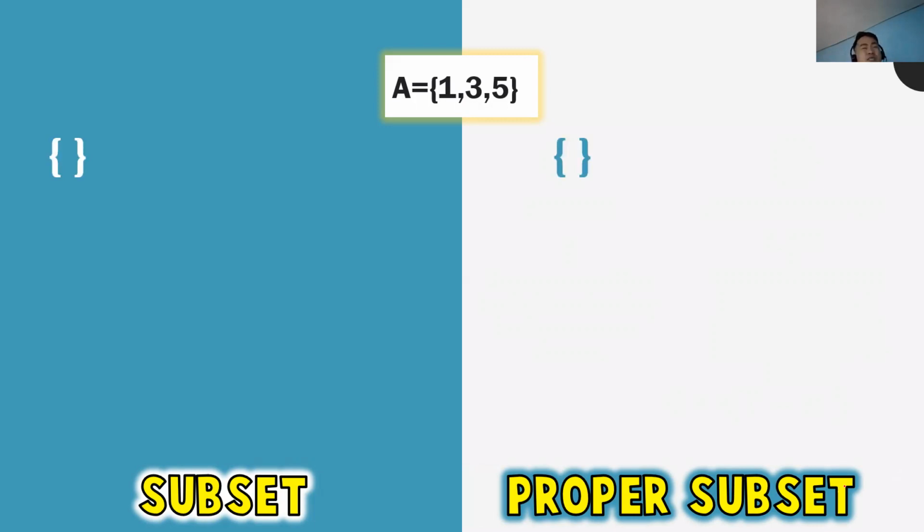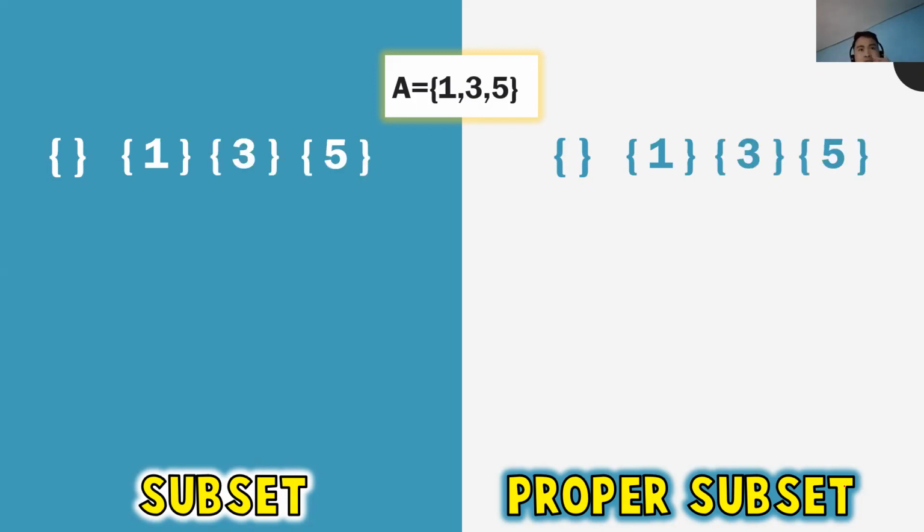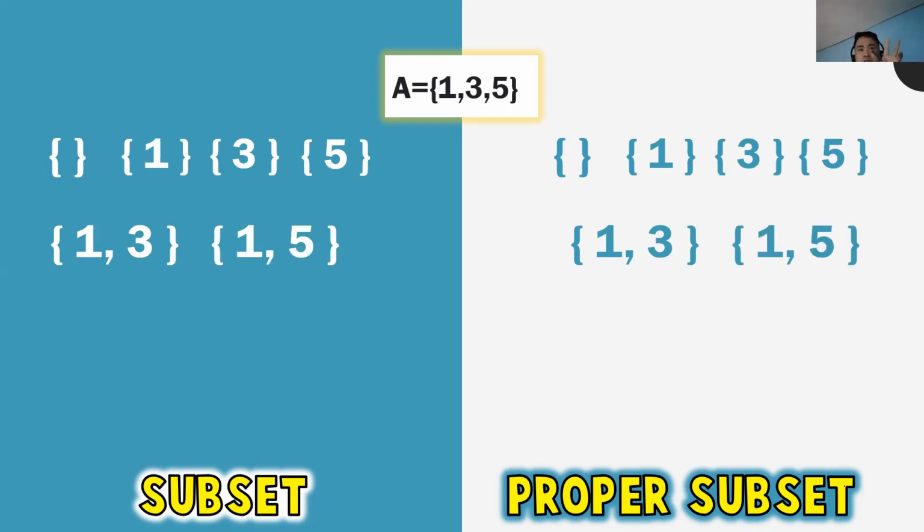Kasi empty set is a subset of any set. So, kailangan pag meron kang isang set at tinanong ano yung mga subset, number 1 mo agad yung empty or walang laman. Next one, we have element, may isang element, 1, and then 3, parehas sila. 5, parehas. And then we have 1 and 3, and then 1 and 5, parehas pa din, and 3 and 5.